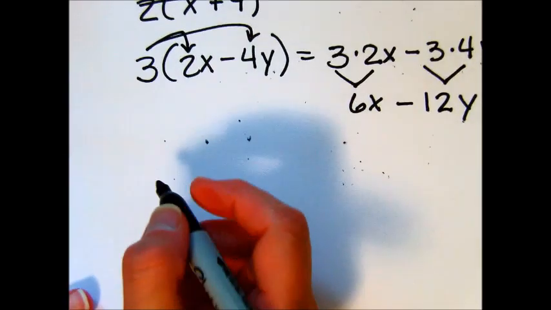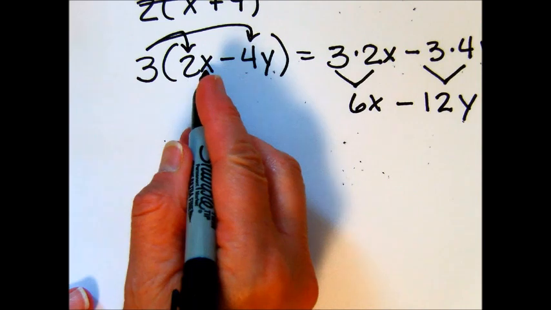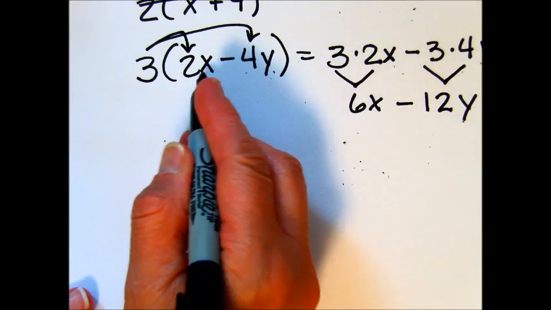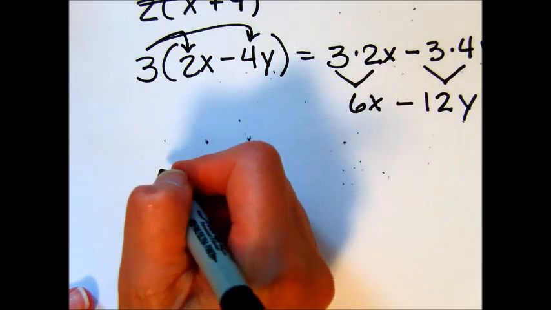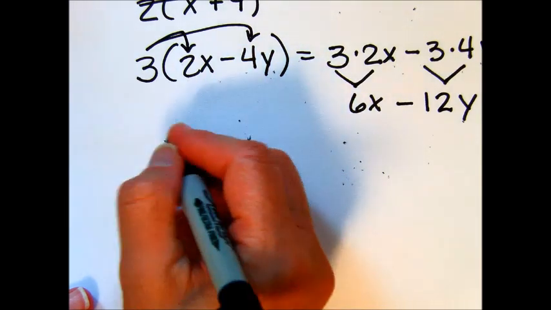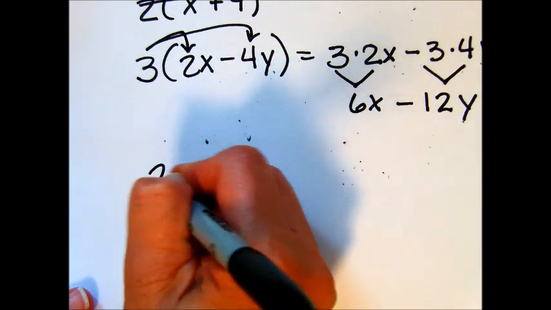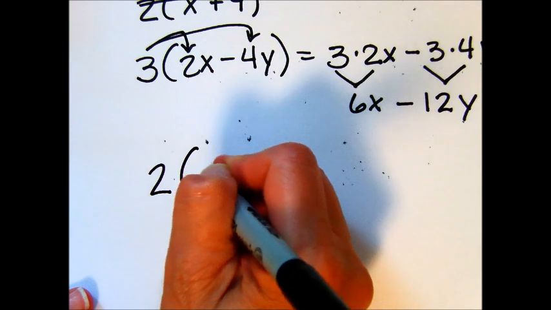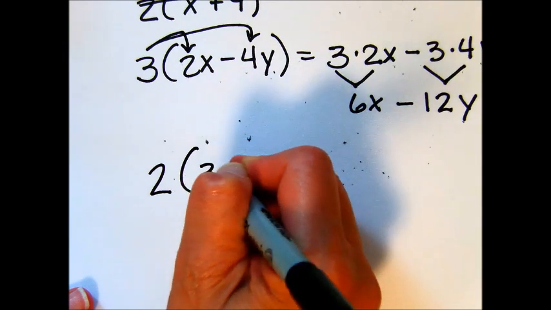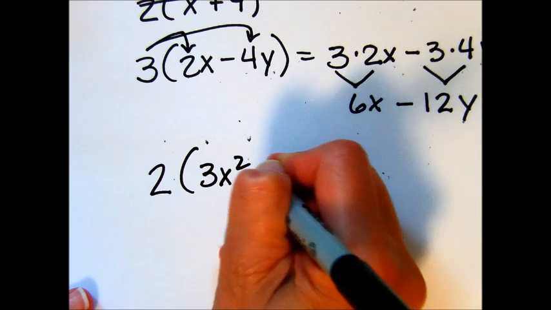One other example I want to go over is when you have an exponent associated with a variable. So let's say we have 2 times 3x squared minus 1.